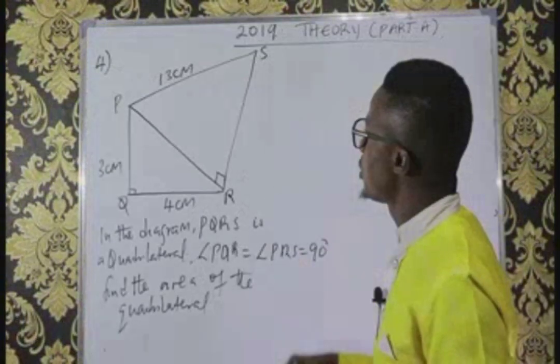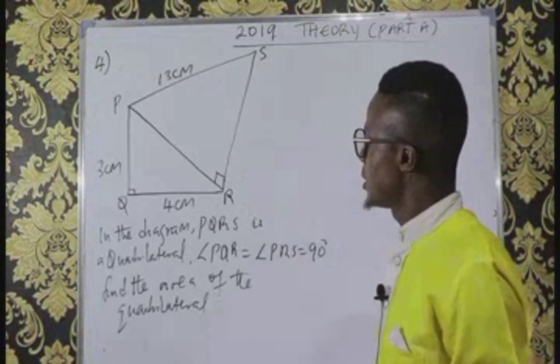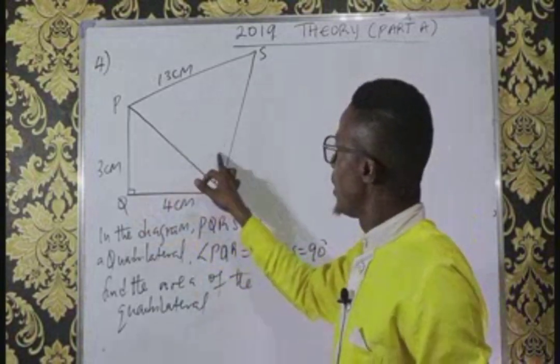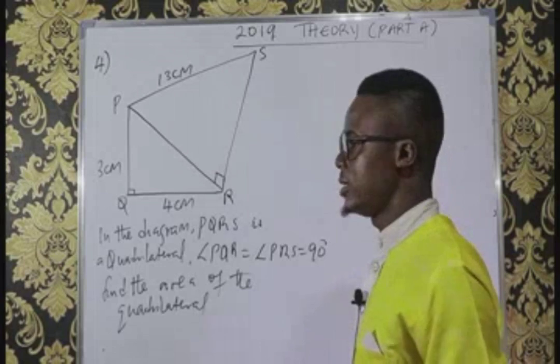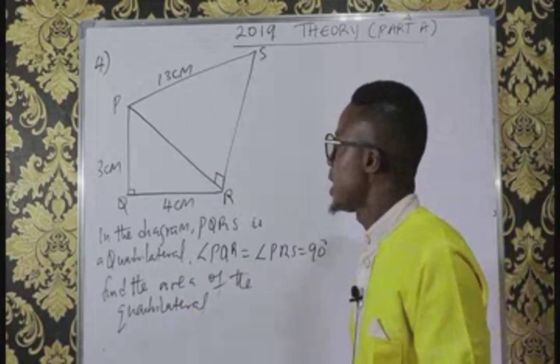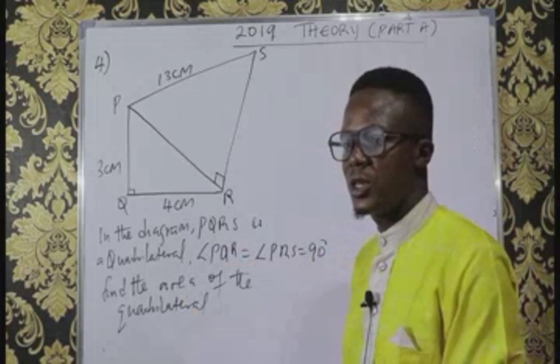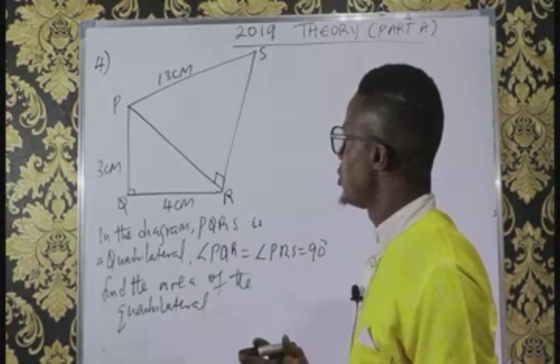Okay, so in the fourth question, we are asked to find the area of this quadrilateral, given that this angle and this angle are 90 degrees. But I want you to understand that this is not a trapezium, it is not a parallelogram, there is no particular shape we call it, just know that it is a quadrilateral.